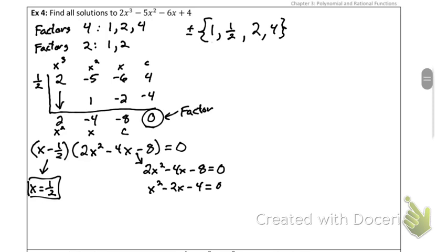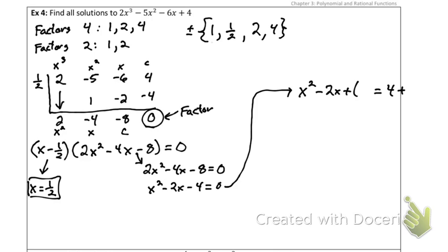I'm going to complete the square. I always complete the square if the leading coefficient is 1. I think completing the square is easier. So that means I'm going to add 4 to both sides. Maybe I'll write this a little higher for people that are trying to actually look at what's happening. So we are going to have x squared minus 2x plus something equals 4 plus that same something.